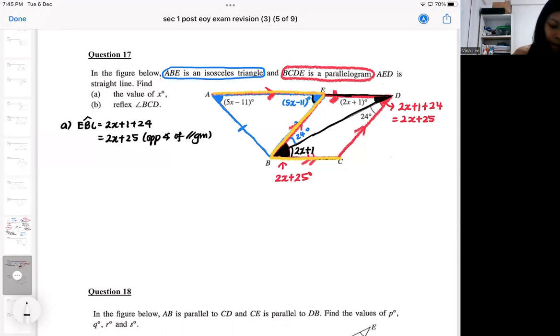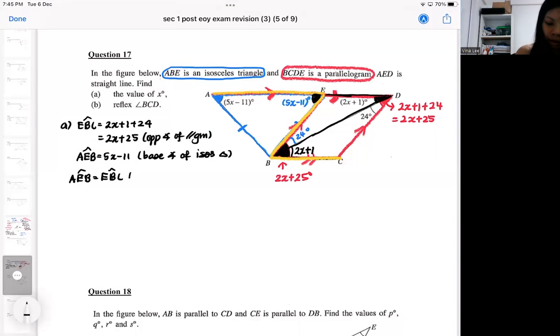So the algebra for AEB is 5x minus 11, because that's the base angle of the isosceles triangle. And eventually these two angles are the same. So AEB is actually the same as EBC.